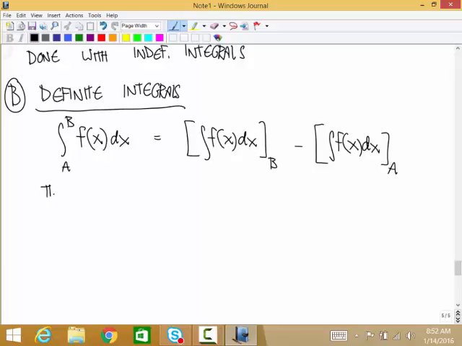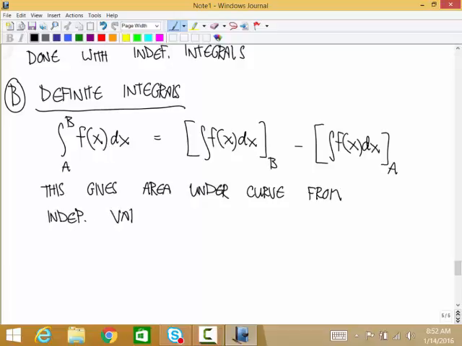And this gives the area under the curve from independent variable values a to b.